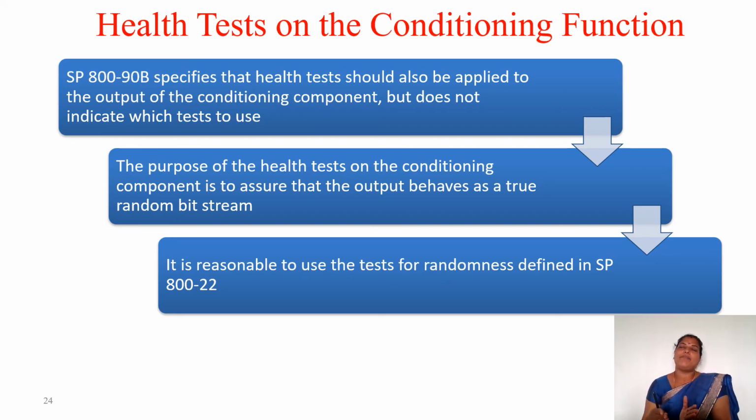Then we give that number to some health test. Health test means checking whether the bias is eliminated or not, or whether the given number provides true randomness or not. In order to check those things, we go in for this health test.